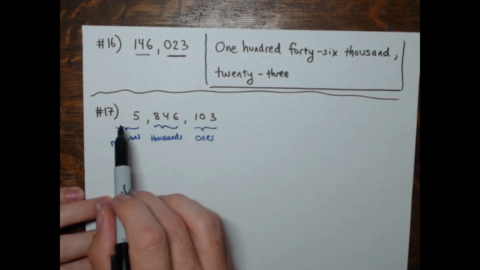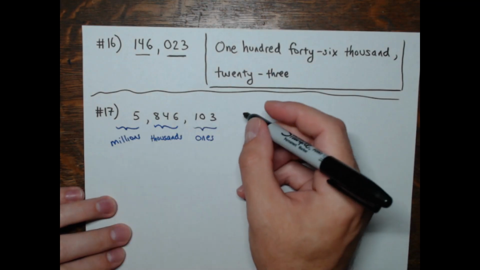So left to right, we're seeing 5, just 5 million.